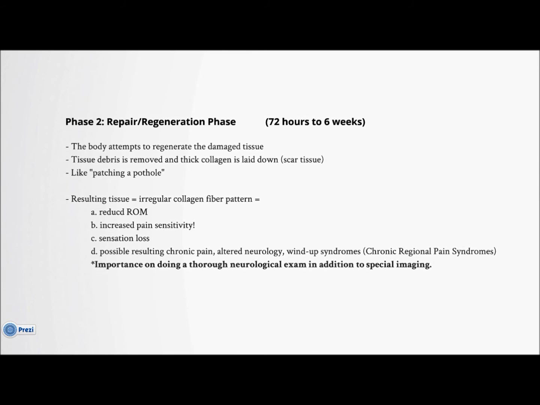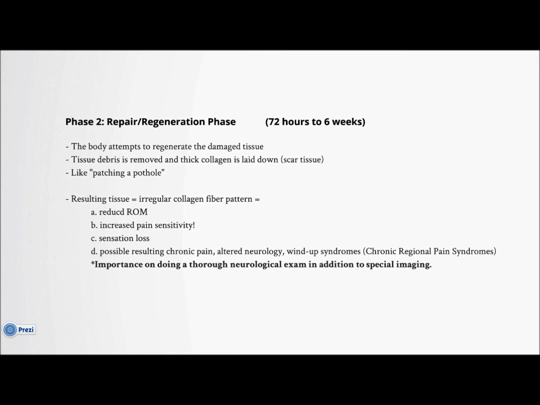And you also can have increased pain sensitivity because the body literally litters more pain receptors, known as nociceptors, in that area as kind of a guarding mechanism. And as a result of this, you can have sensation loss in the area. You also, in the worst scenarios, can have possible chronic pain as a result, due to altered neurology that can cause things called wind-up syndromes, such as complex regional pain syndrome.